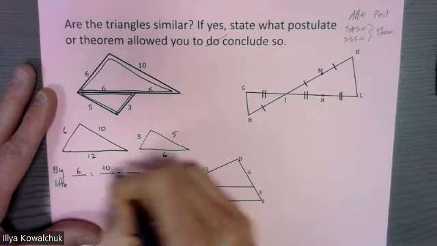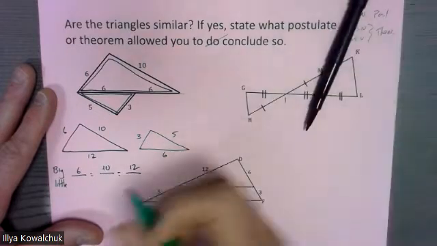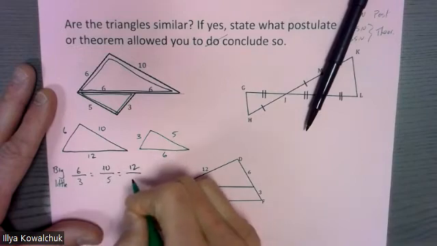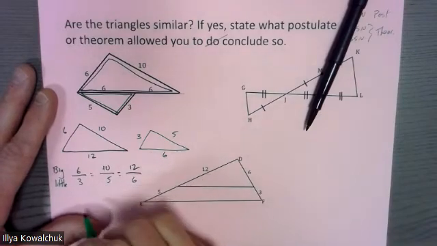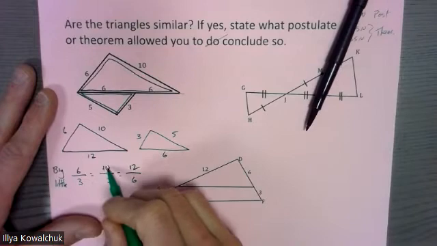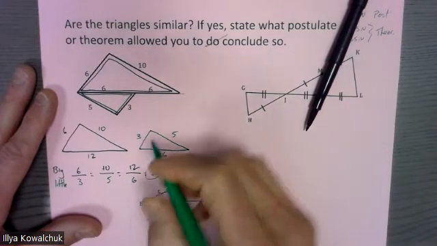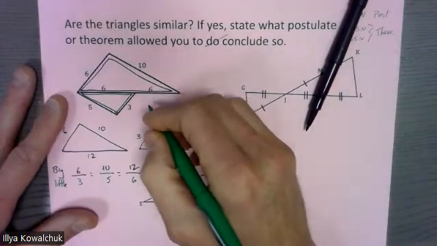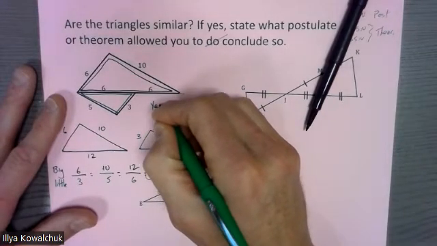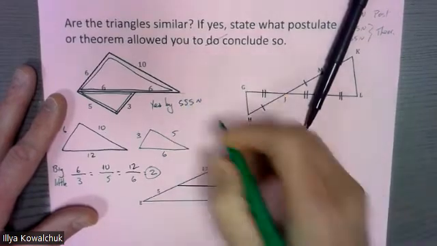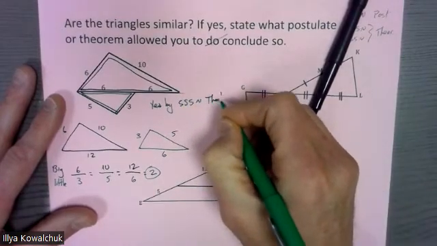So I have 6, 10, and 12, and those correspond to 3, 5, and 6. And that works out. 6/3 is 2, 10/5 is 2, and 12/6 is 2. So that equals 2. Therefore, these 2 triangles are similar. Yes, by side similarity theorem. Yay.